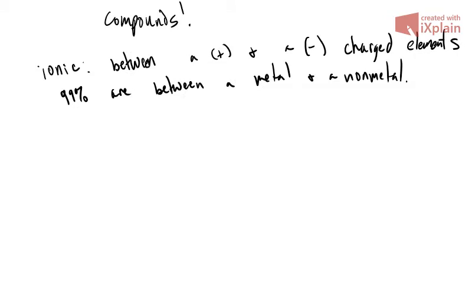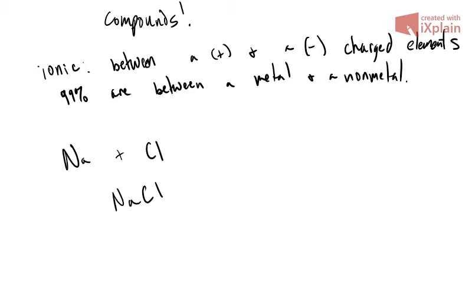So we have an element of, let's say, sodium and chlorine. Sodium and chlorine are combining, okay? From our last video, we know that there's one of each, a sodium and a chlorine.